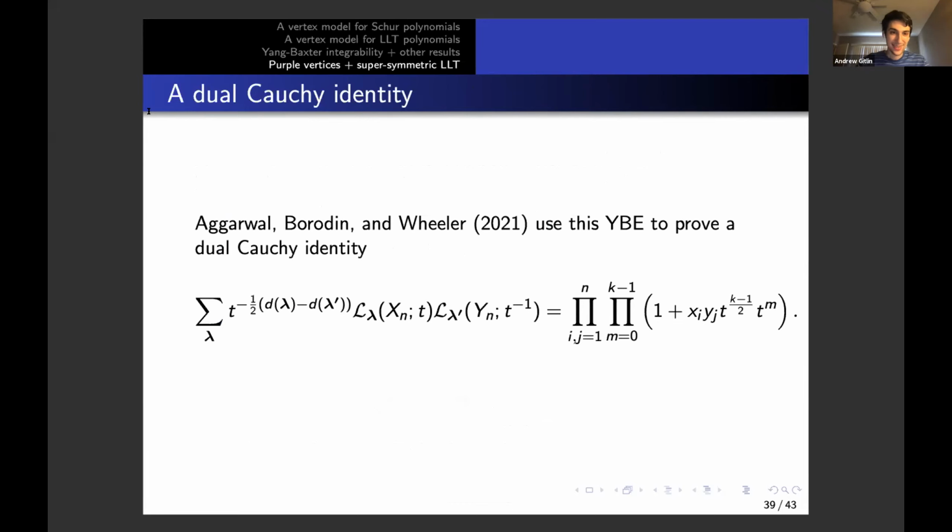In fact, to give credit to Agarwal, Borden, and Wheeler, they discuss this in a little bit more depth than we do in our paper. So I believe their vertex model is like a U_q(sl(m|n)) vertex model, if I'm getting the notation right.